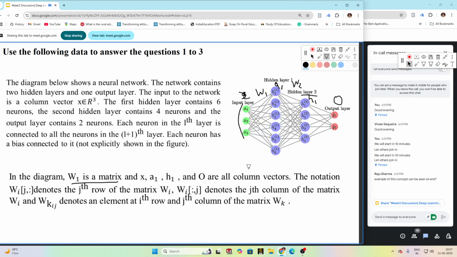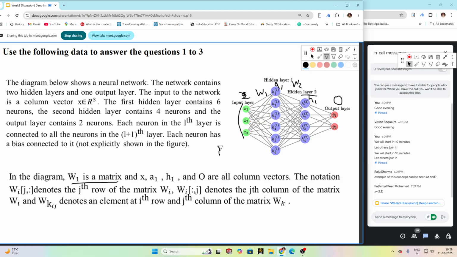X will be 3 cross 1. The X matrix will have dimension 3 cross 1. The A1 matrix will have dimension 6 cross 1.